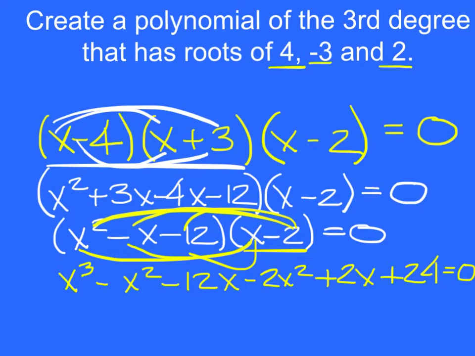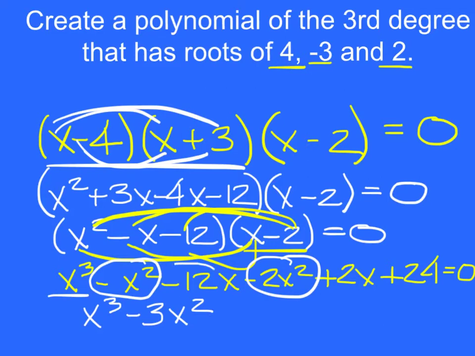So clearly you're going to have to simplify. How many x to the thirds do I have? You have 1, so it's x to the third. How many different x squared terms do I have? 2. So I have negative x squared minus 2x squared to get what? Negative 3x squared, and I have 1 and 2 x terms.